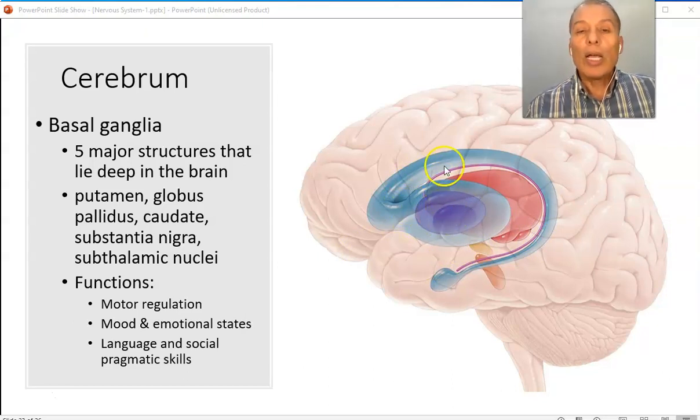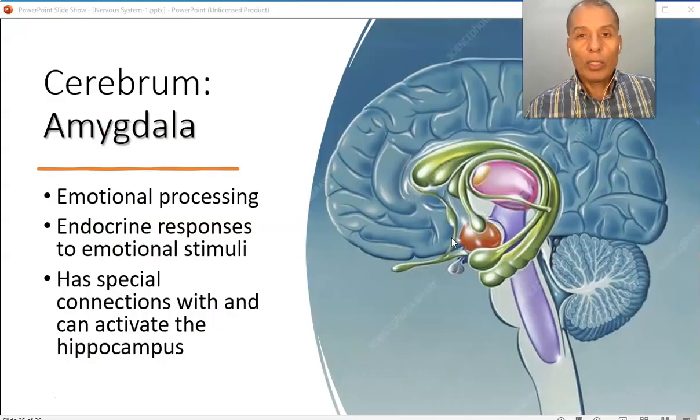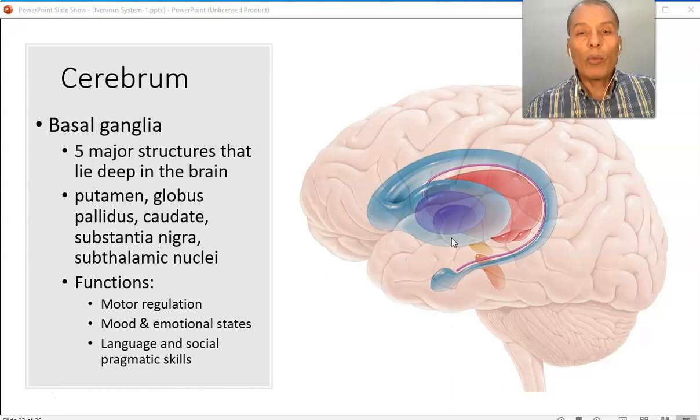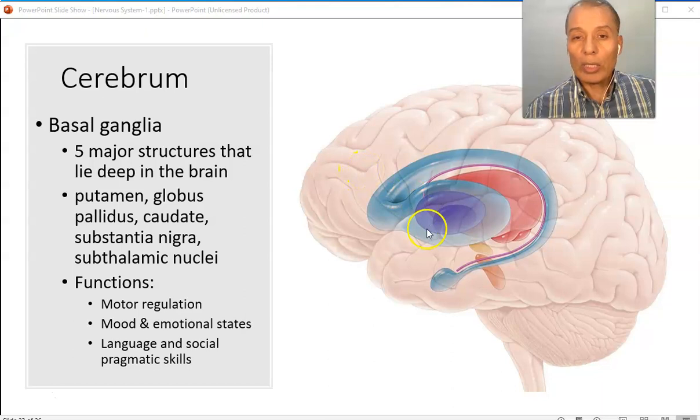So they have 3 major pathways. Let me see if I have an image. No. 3 major pathways that connect them to the motor areas, the planning areas, and to the frontal cortex, here, the prefrontal cortex.